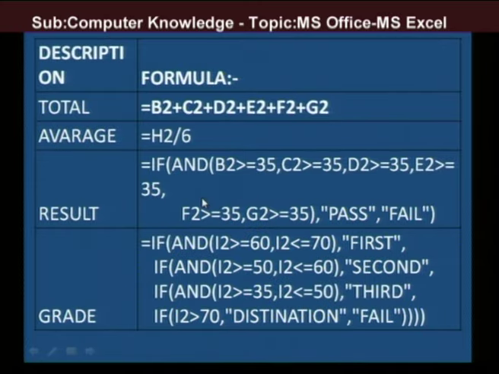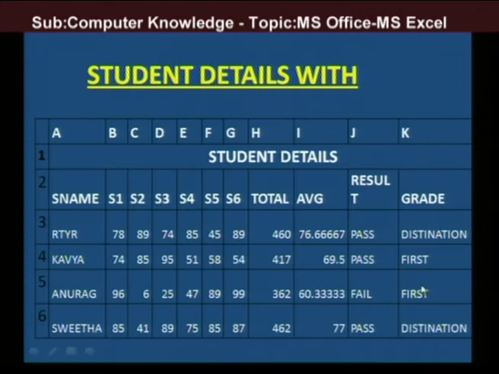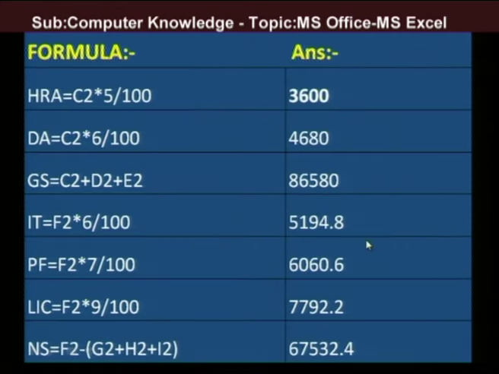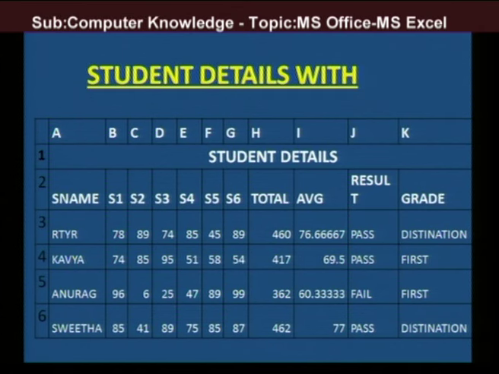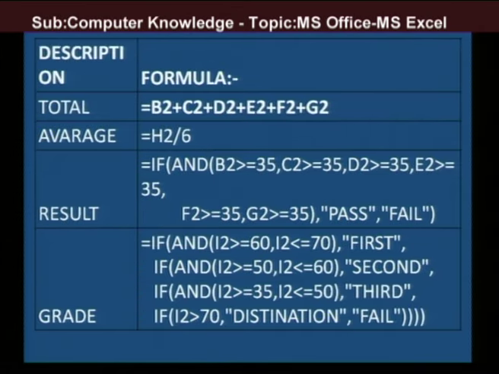Next one, how to calculate the result? Results consist of a condition: if the marks are greater than or equal to 35, the student will pass, otherwise they will fail. The formula for result uses the if condition.